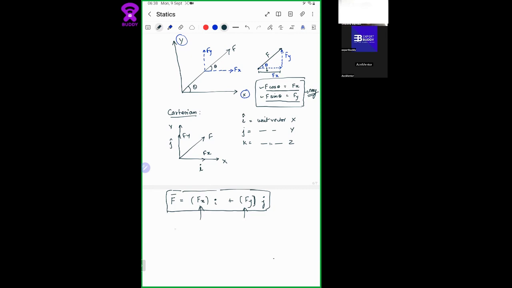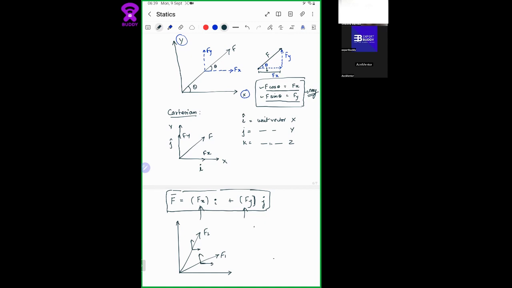Like I told you, for example, you have F1 and you have F2. This will have an x component and a y component, and this will have an x component and a y component.